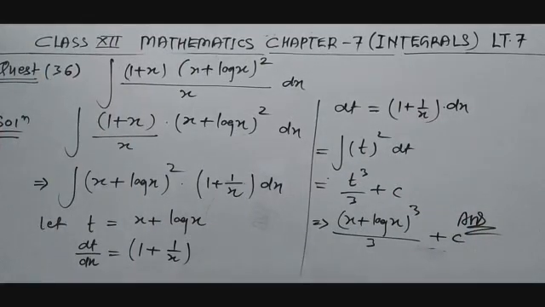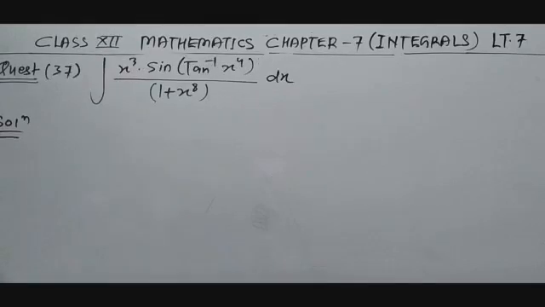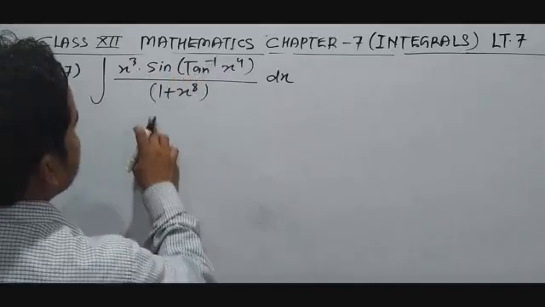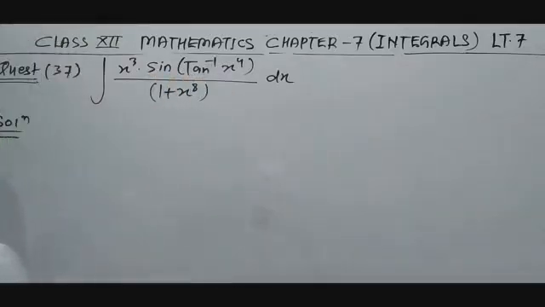Now come to the next question, question number 37. Question number 37 is integration over x cube sine of (tan inverse x to the power 4) whole upon 1 plus x to the power 8 dx.